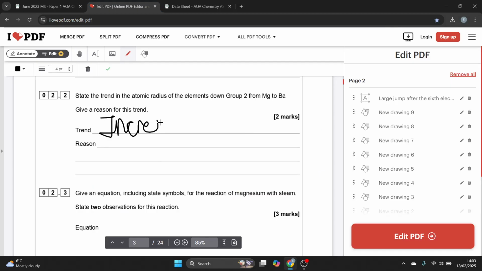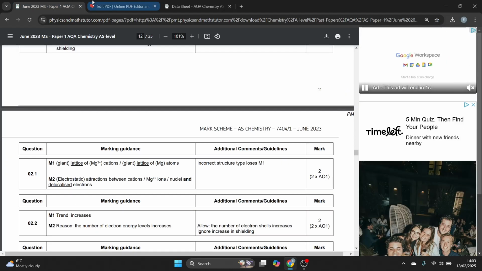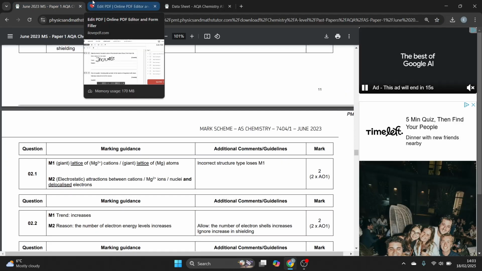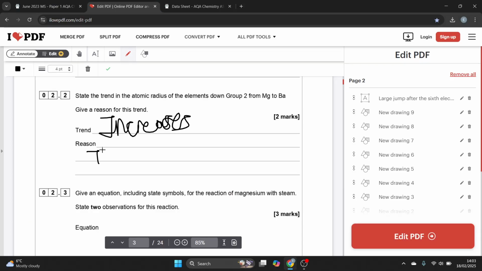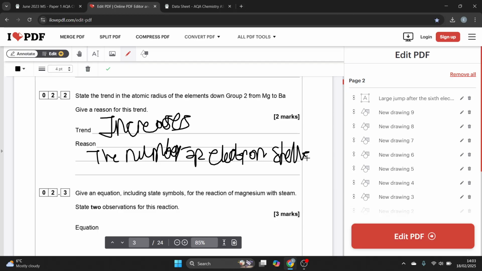The number of energy levels increases. Yeah, the number of electron shells increases is probably best. Number of electron shells increases.